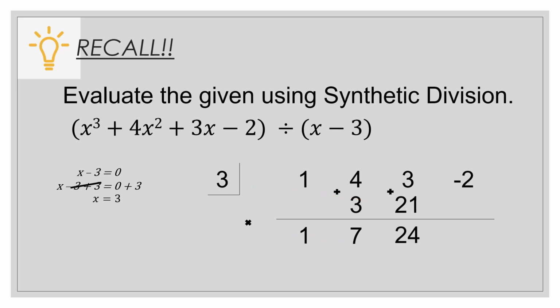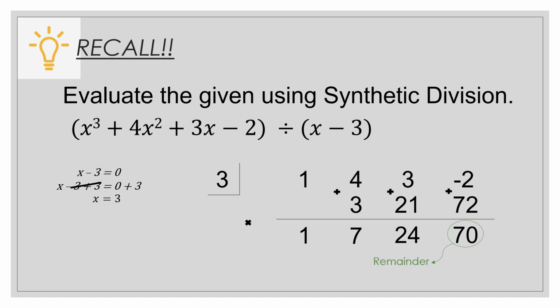Repeat the steps for the next column until you reach the last column. Now, the third row that we obtained represents the numerical coefficients of the terms of the quotient. The rightmost number is the remainder.